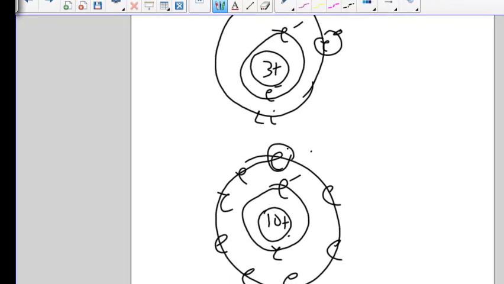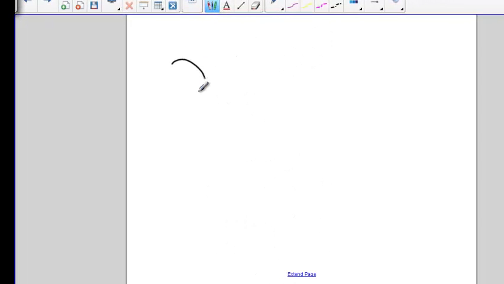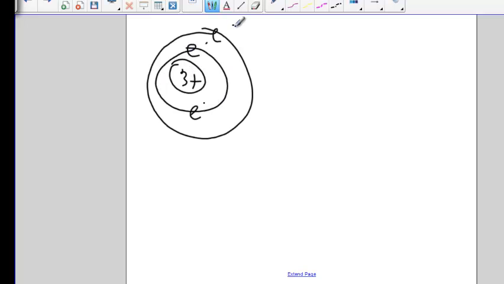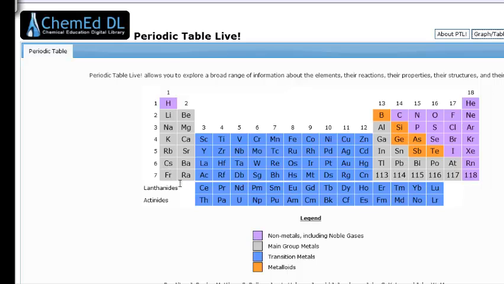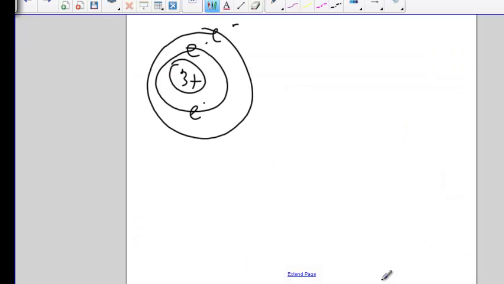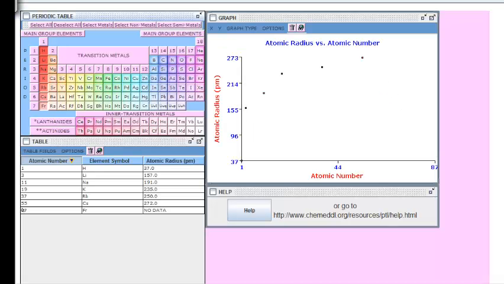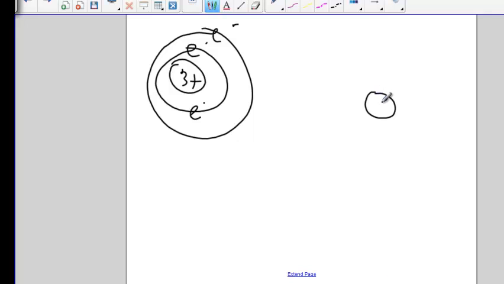If I'm doing lithium again, here's my 3 plus lithium versus francium down here. Francium has many more rings. It's atomic number 87. So there's 87 positive charges. So the radio's very, very loud.